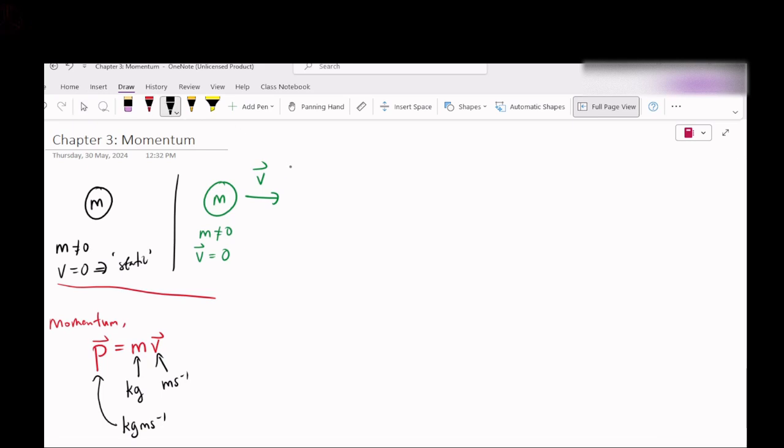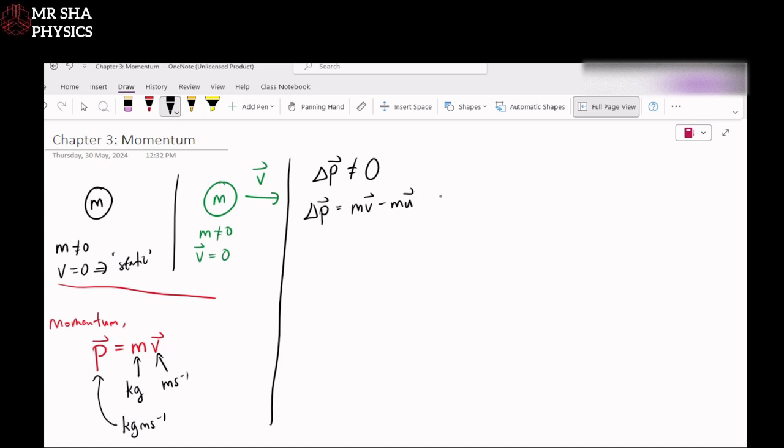Now the question is, what happens if that momentum changes? If that momentum changes, that means delta P is not equal to 0. And our delta P in general is simply going to be mv minus mu. Of course, if you're talking about the same object with no loss in mass, I can take m out, so I have m(v minus u).